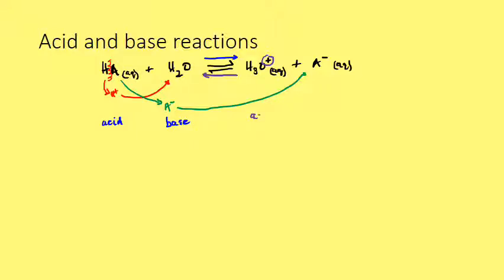So that is the acid. And where is that proton going? Well, it's going to be attracted to the negative charge on this conjugate base, and that conjugate base is going to accept that hydrogen, and so that is the base when we consider the backward reaction.